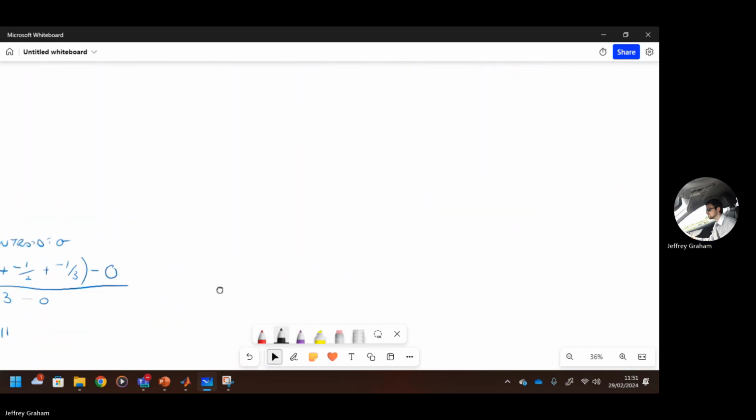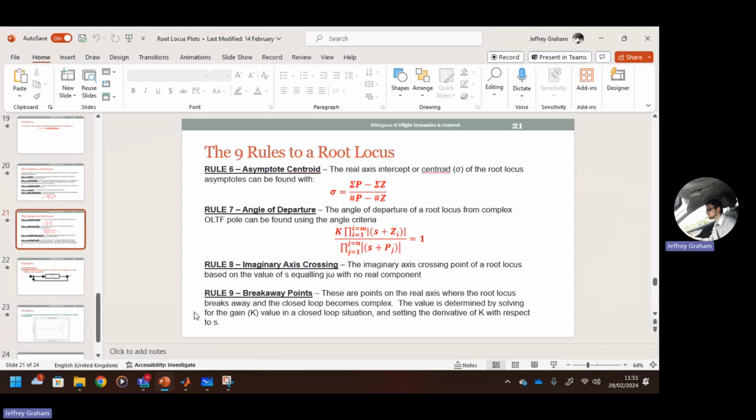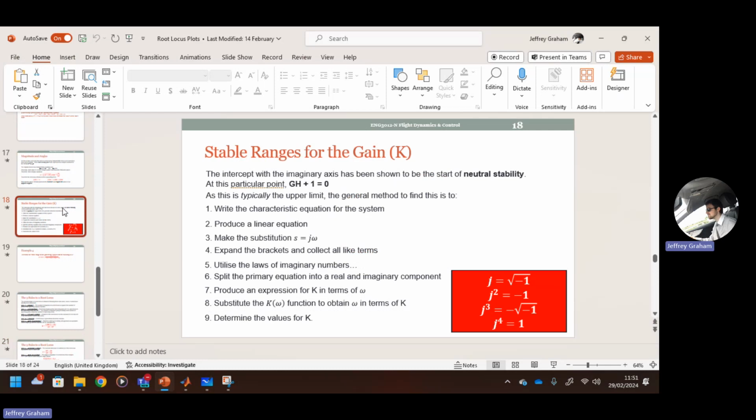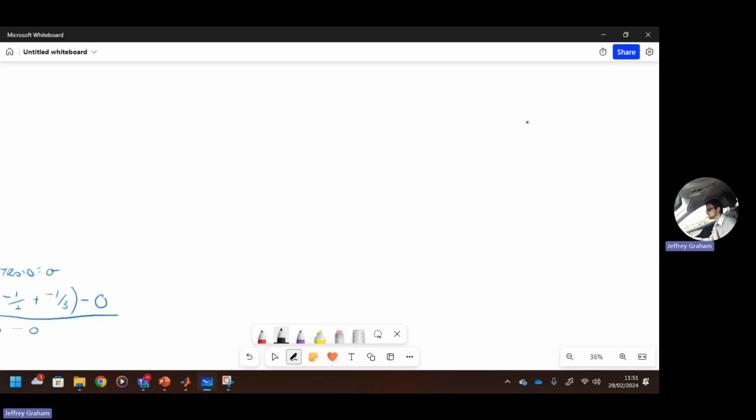Right. If I just jump back into PowerPoint, it's basically this bit here. Write down the characteristic equation and produce a linear equation and then make the substitution. So the first 3 points are pretty much a couple of lines there.